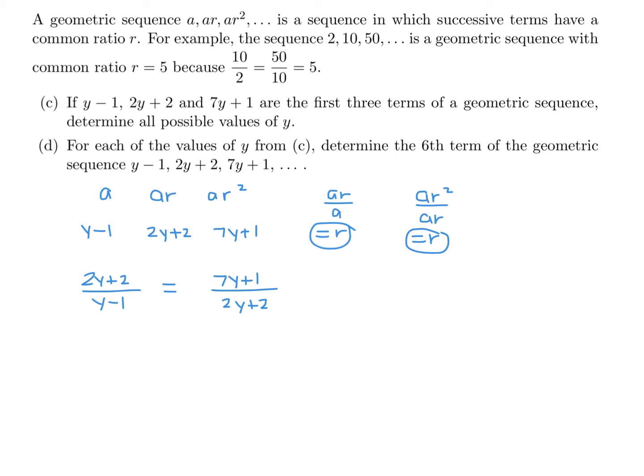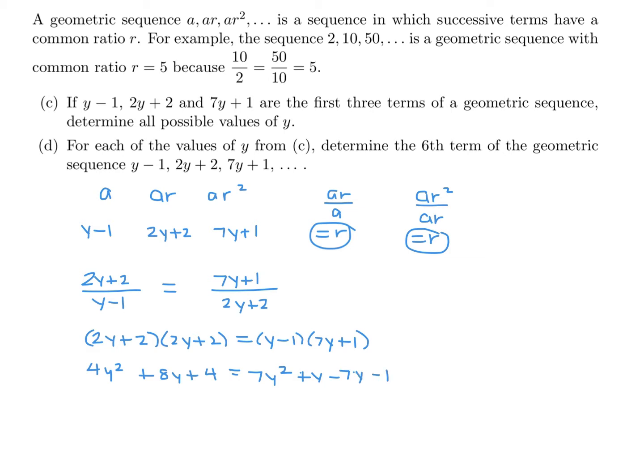So here we go, cross multiplying. Let's see here, 2y plus 2 times 2y plus 2. On the other side, y minus 1 times 7y plus 1. And if you cross multiply, you get 4y squared plus 8y plus 4 equals 7y squared plus y minus 7y minus 1.